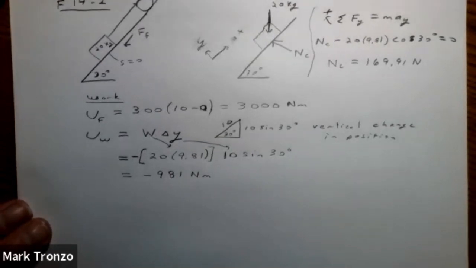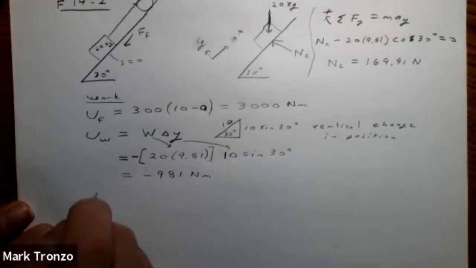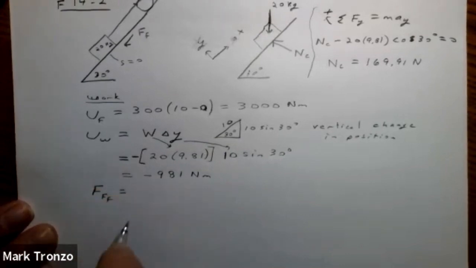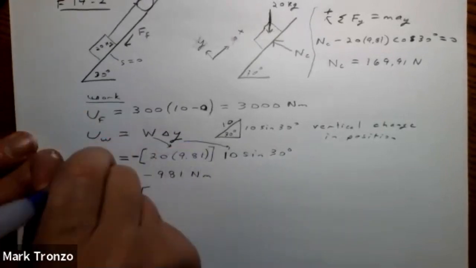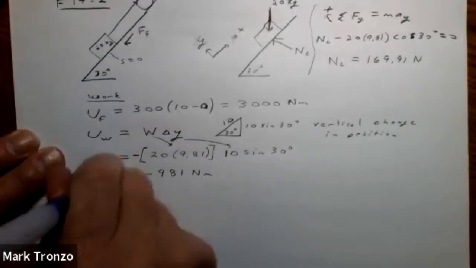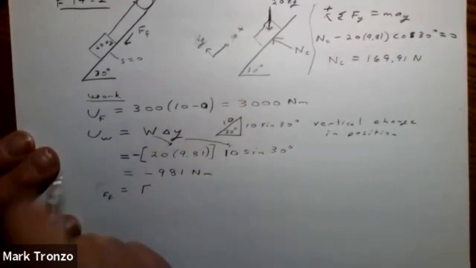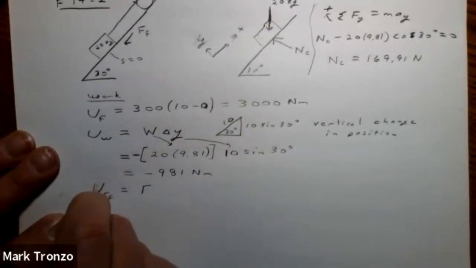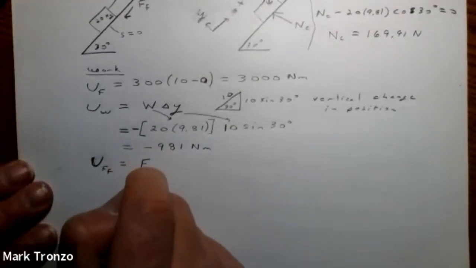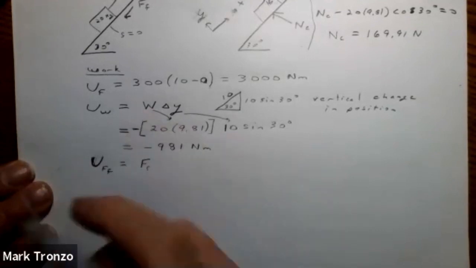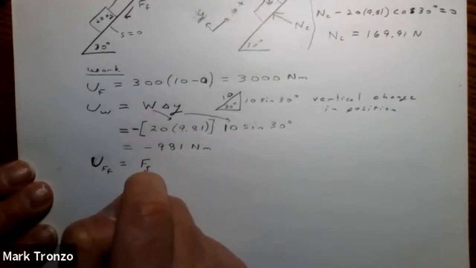And then we're going to use the friction force. Remember, the friction force is always along the path. So, excuse me, that should be U, sorry. U of the friction force is always going to be the friction force times the path it takes, the actual linear path.